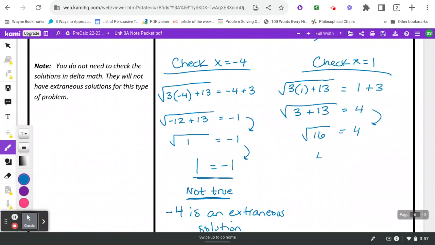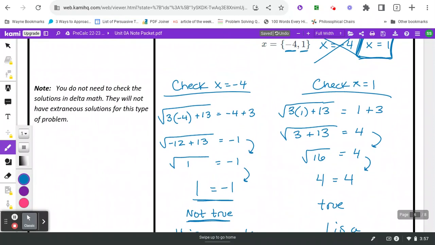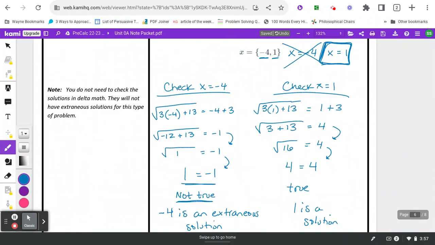The square root of 16 is 4. And we'll drop that 4 down one more time. We get 4 equals 4, which is true. Which means 1 is a solution. We've almost checked and double checked that it is a solution. So this would be the only actual answer for this problem. And that happens a lot of the time. A lot of times one of those answers is an extraneous and you would throw it out.